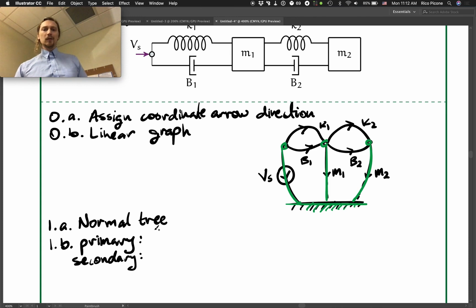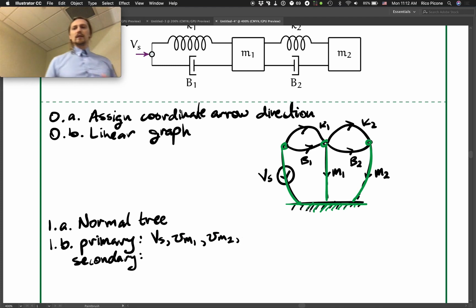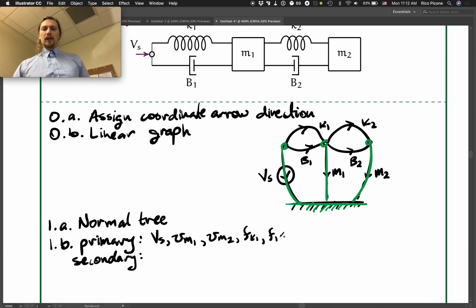So across variables on them are VS, VM1, and VM2, and through variables on links. So F, the force in spring 1, FK1, FK2, the force in spring 2, FB1, the force in damper 1, and FB2, the force in damper 2.